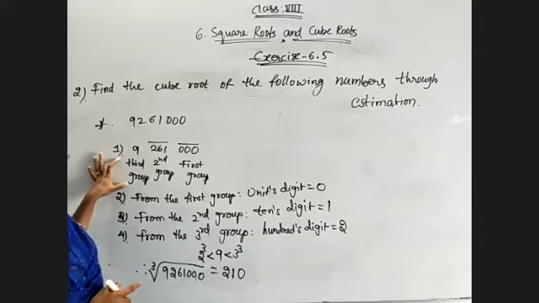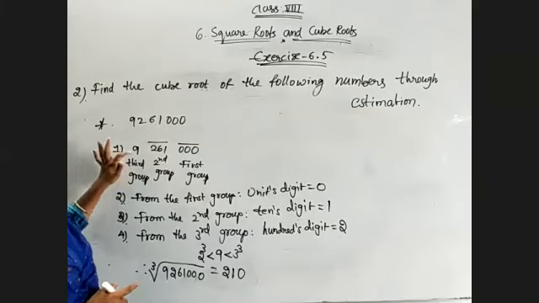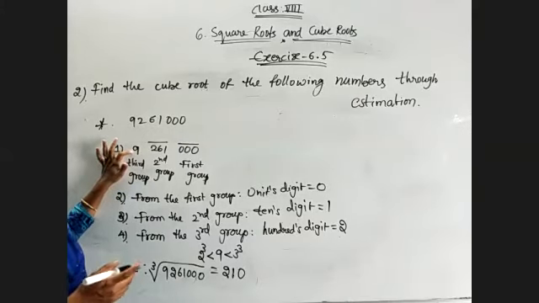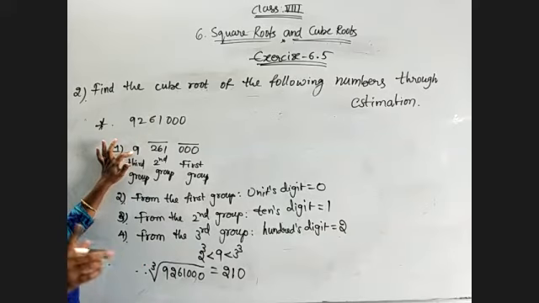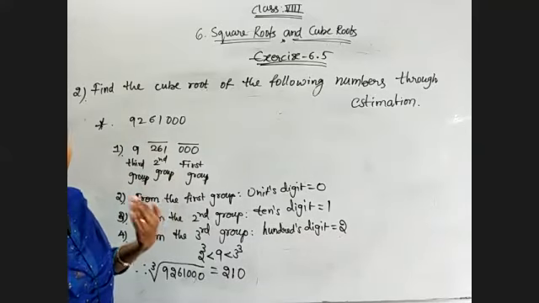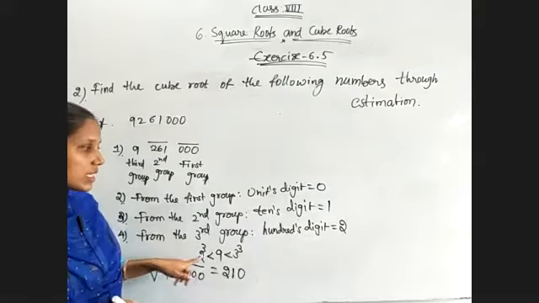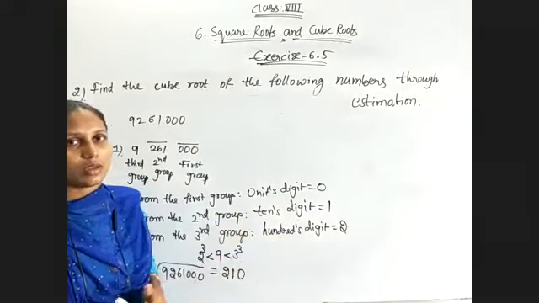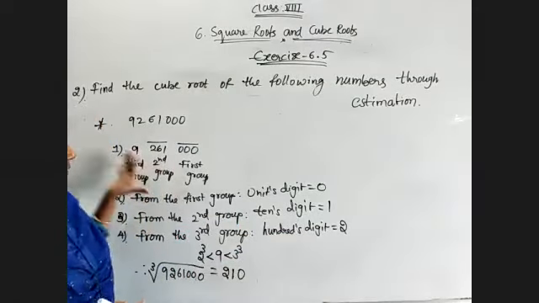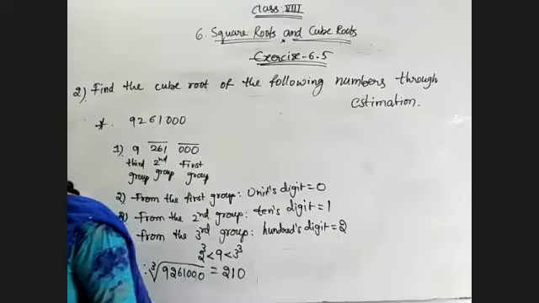And after that, consider the third group and see between which cube values it is lying. 1 cube is equal to 1, 2 cube is equal to 8. Means it is not lying between 1 and 2 because we have 9. So 2 cube is 8, 3 cube is 27. 9 is in between 8 and 27. So we have to take the lesser value, 8. 8 is the cube value of 2. Means the hundreds digit will become 2. Okay. So that's why I gave this example.